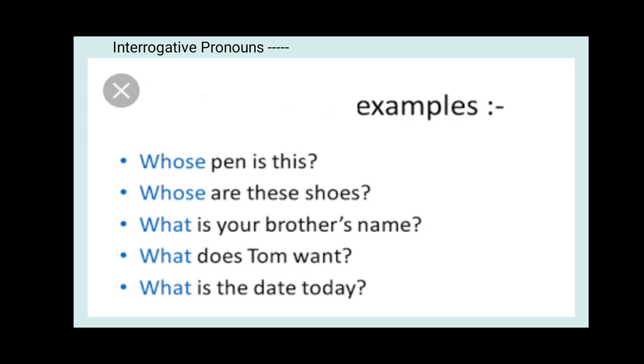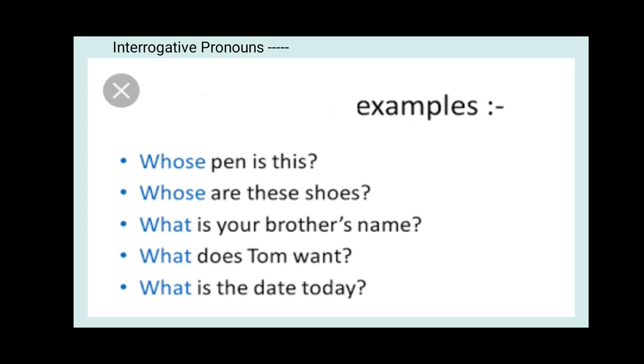So students, out of these 5 examples, you can see that some words here are highlighted with a blue color, and all these words are WH question words. We have already discussed this while we discussed the different types of sentences, including the interrogative sentence where we got the WH question words, and I hope that you remember.